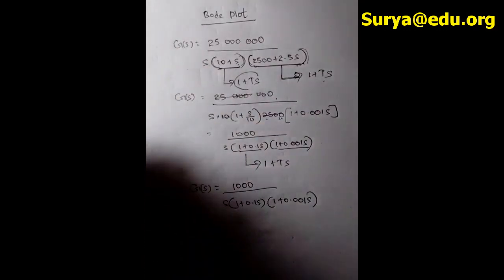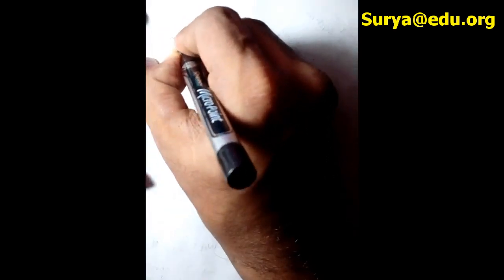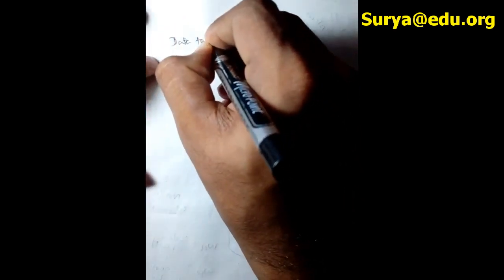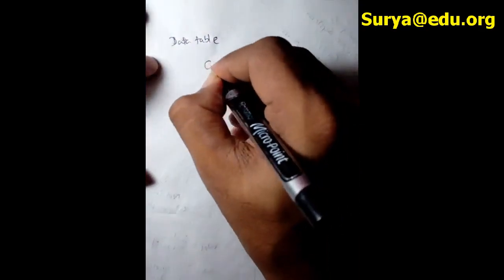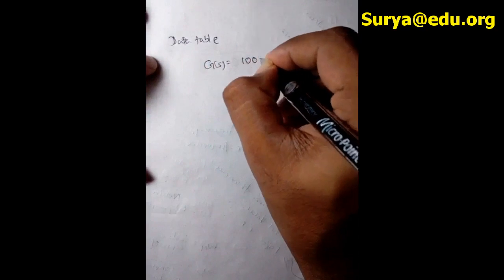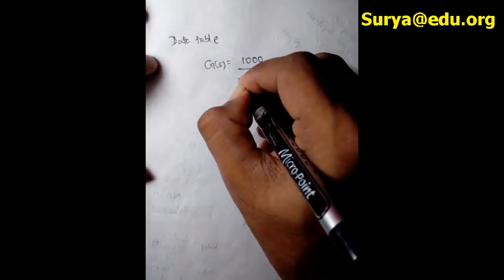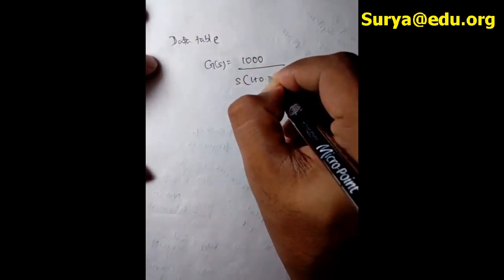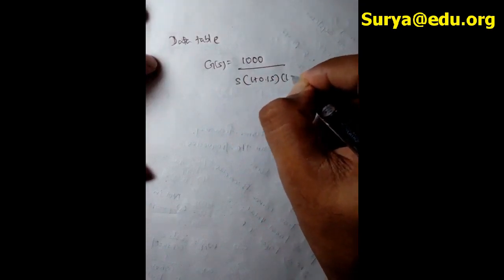That means we have to do some calculations for a data table. So now the next thing is, I told you we have to obtain some data table. From the transfer function that we have obtained, we have to do some categorization.